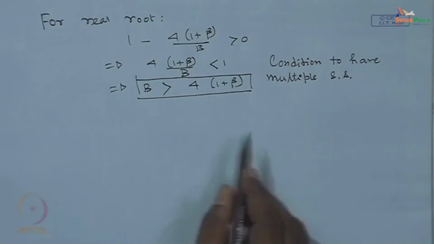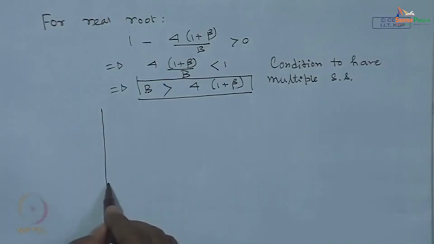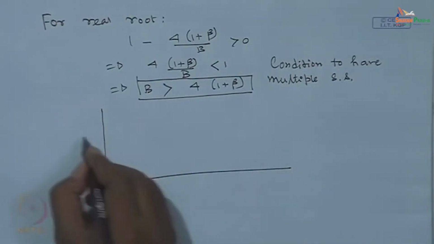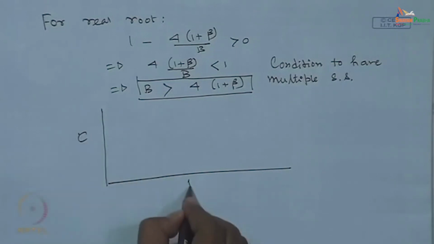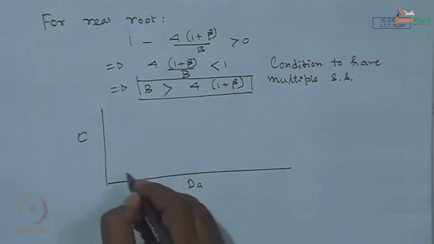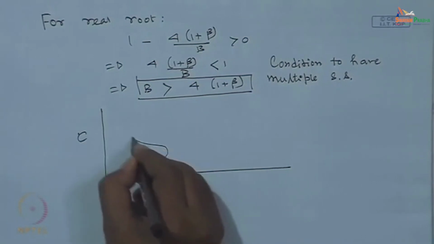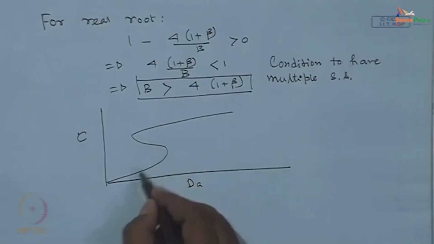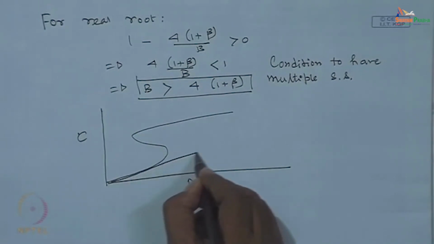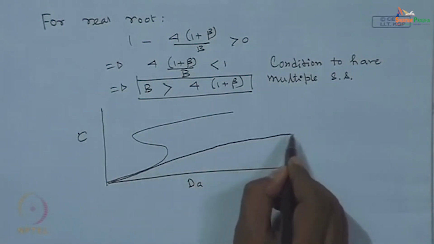Now, if you plot C versus Damkohler number, or Damkohler number versus C, whichever way, there may be one response like this, or a response like this.